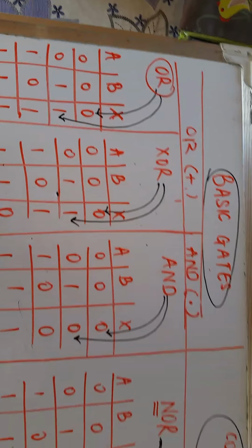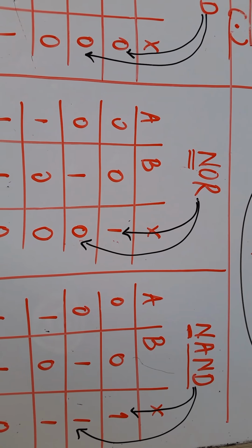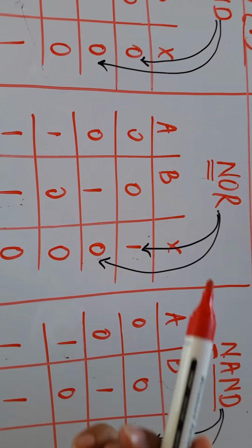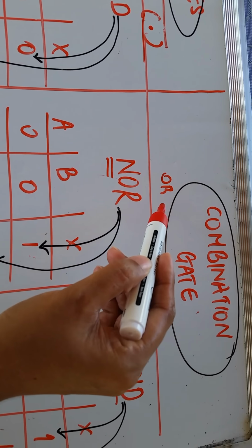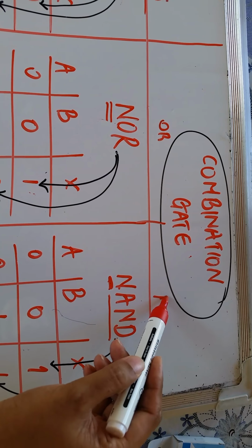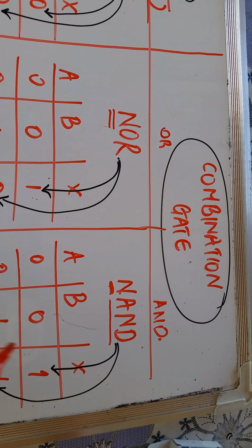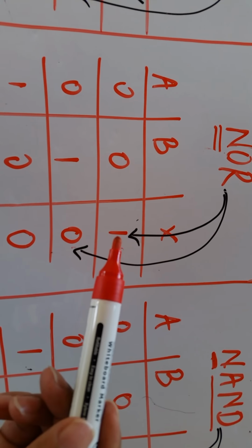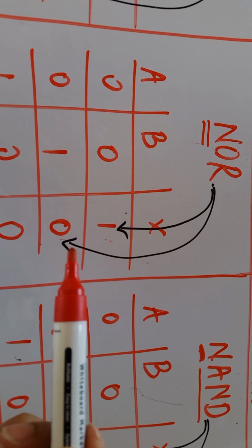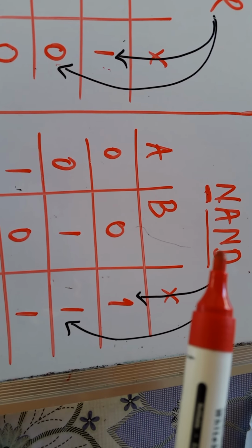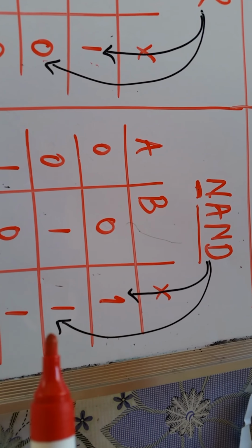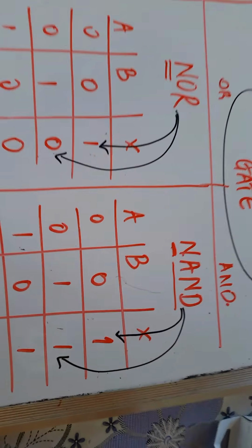If you take a look at the combination gates, it is the same thing. The NOR gate, which is the family of OR, and the NAND gate, which is the family of AND. So for the NOR gate, you are going to see that they produce different outputs, while for NAND, which is the family of AND, they produce the same result.